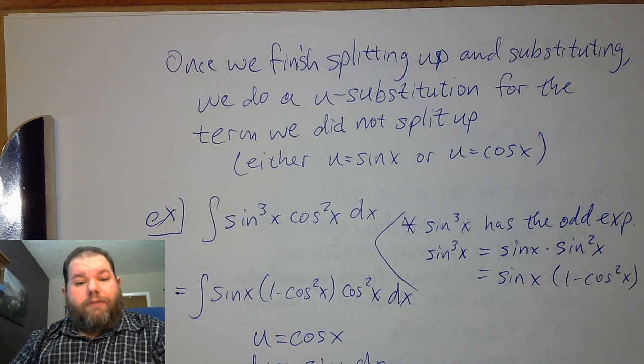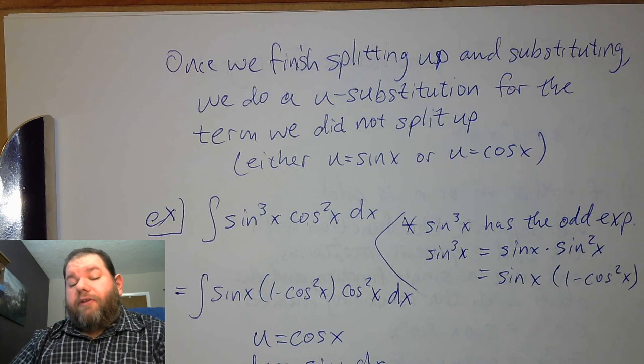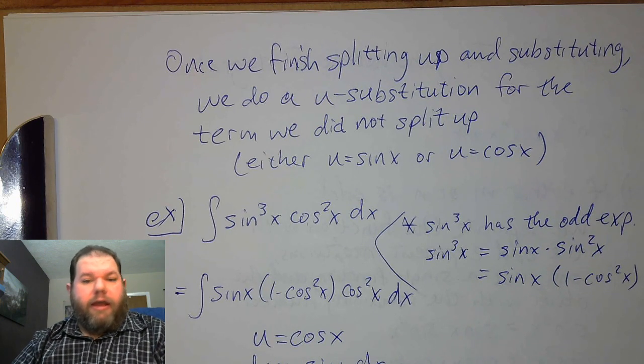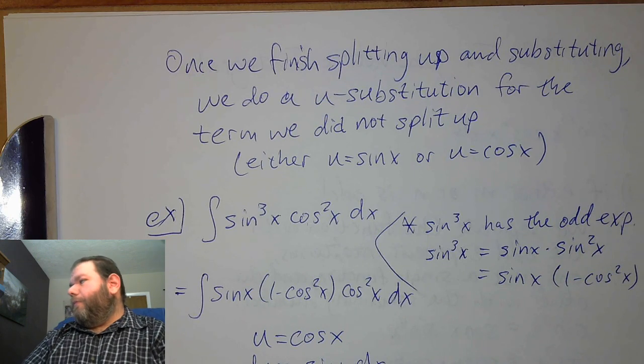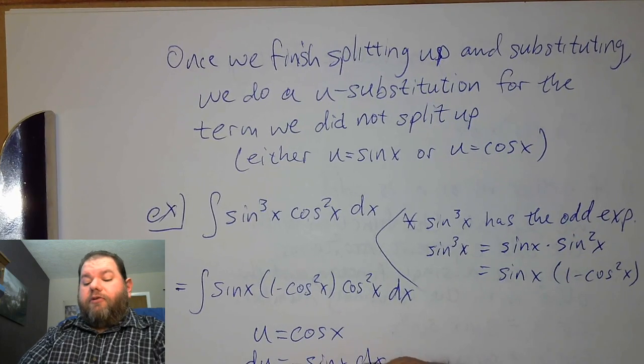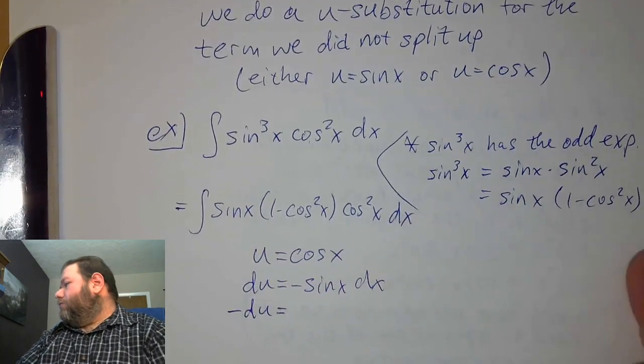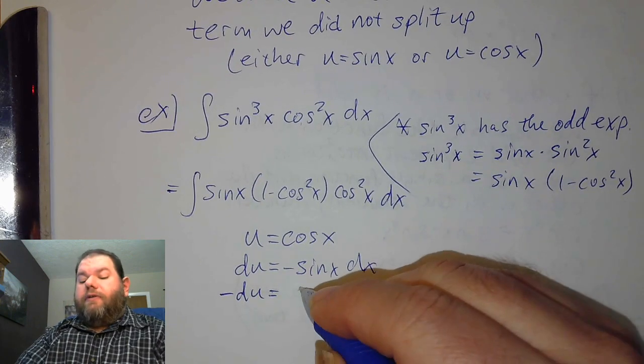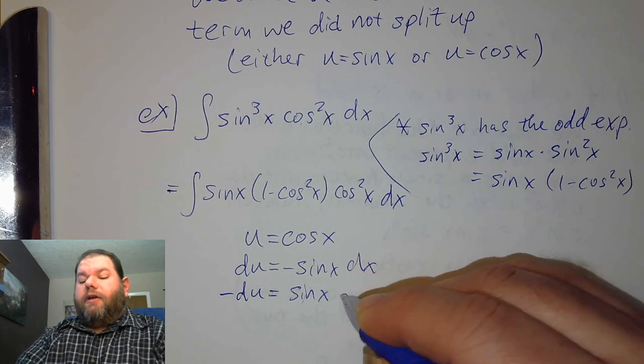Because the whole goal of doing a u substitution is to put everything into terms of u rather than x in this case. Now, we do have an extra negative here, so we'll just make sure we use negative du is sine x dx.